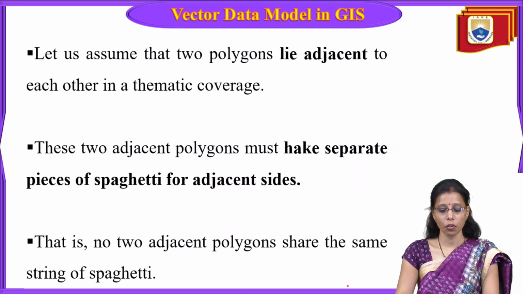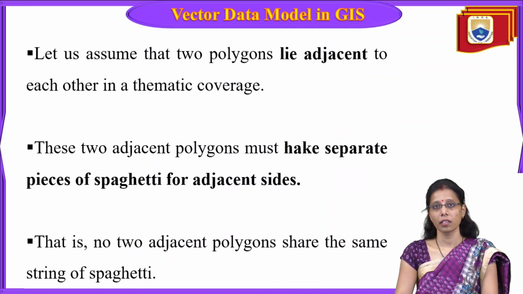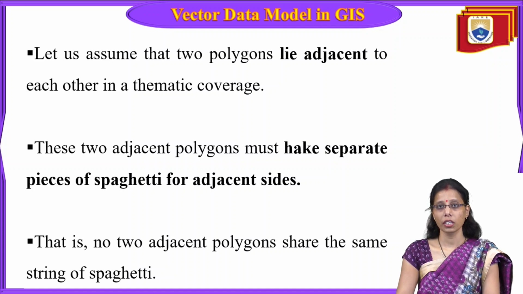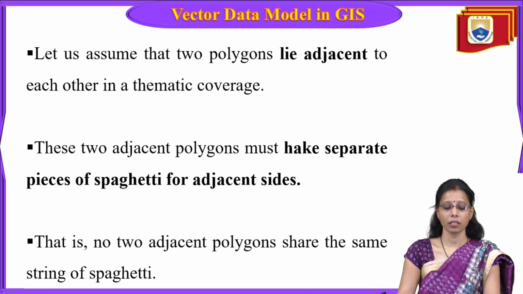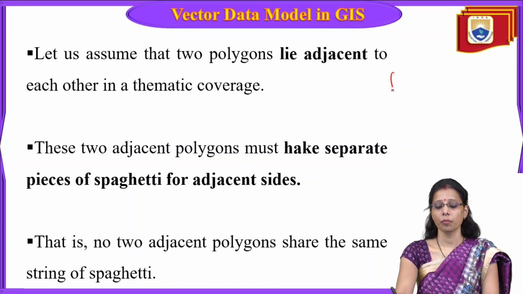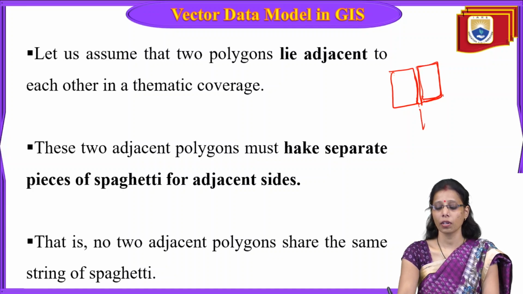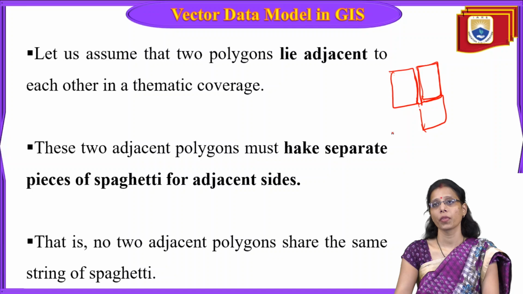Let us assume that two polygons lie adjacent to each other in the thematic coverage. These two adjacent polygons must have separate pieces of spaghetti for adjacent sides. For example, this is one polygon and this is the other one. Each has its own boundary.